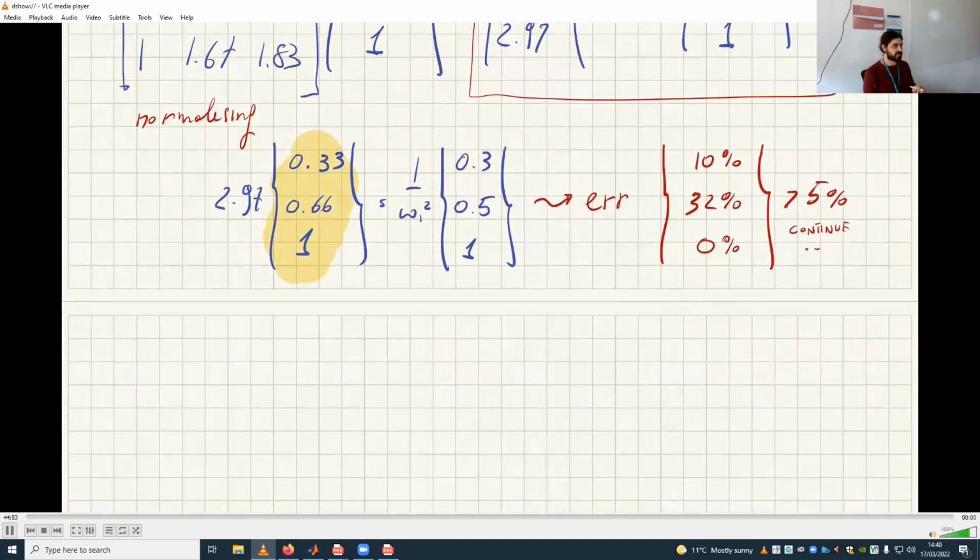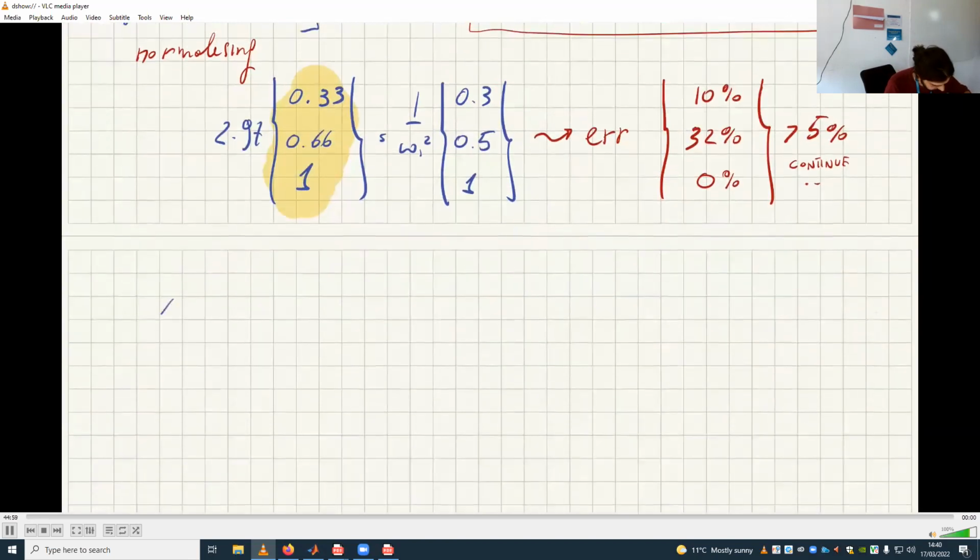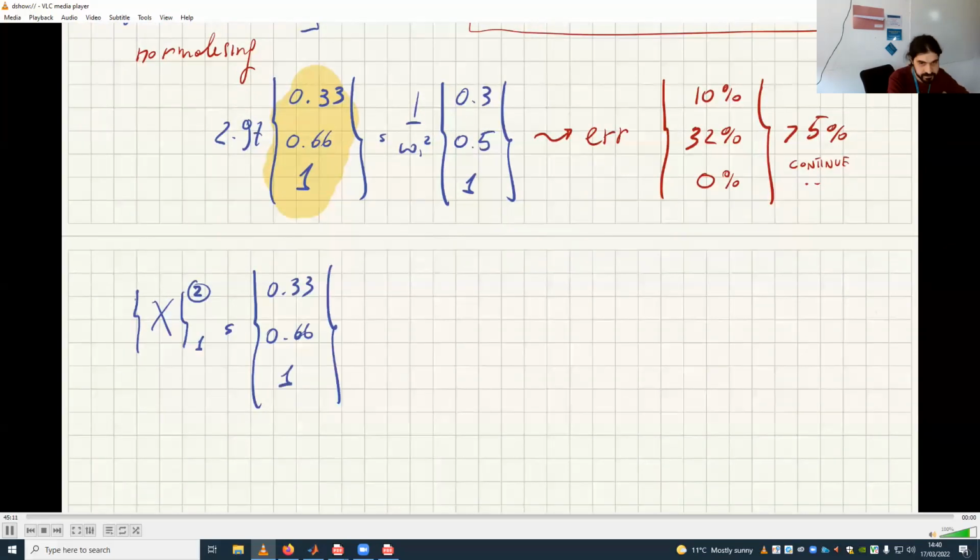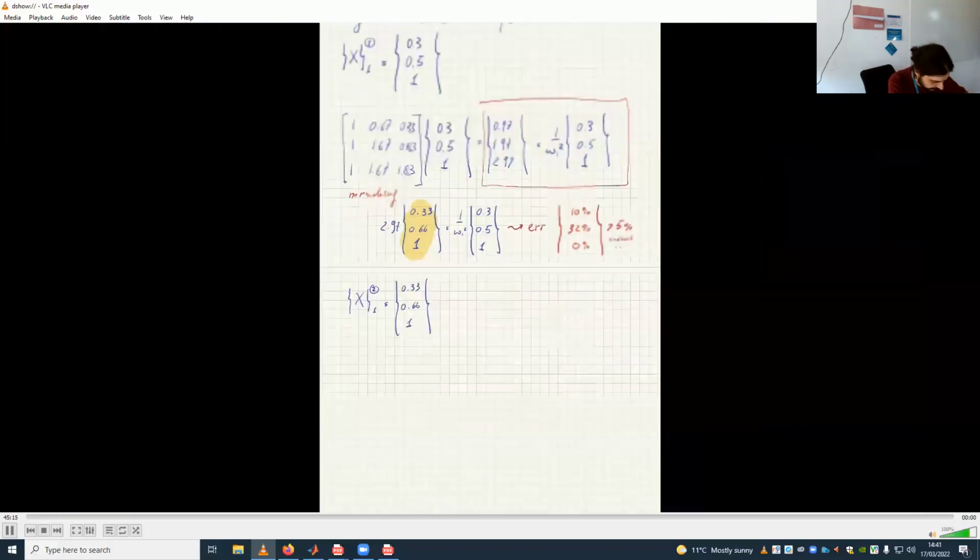So you start with this guess now. I'll say that x1 guess 2 is 0.33, 0.66, and 1. And so we do it all over again.